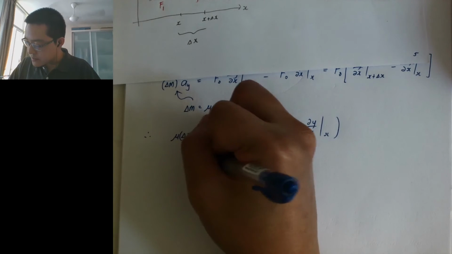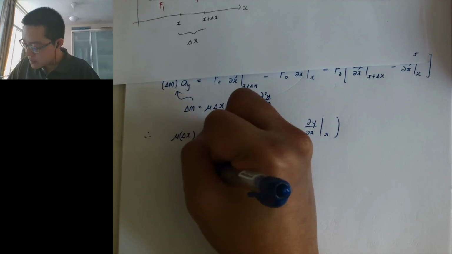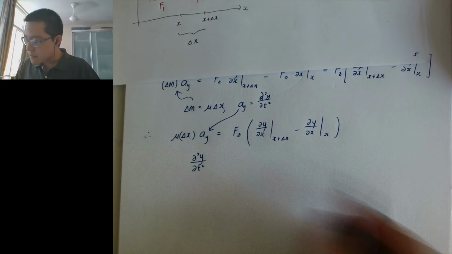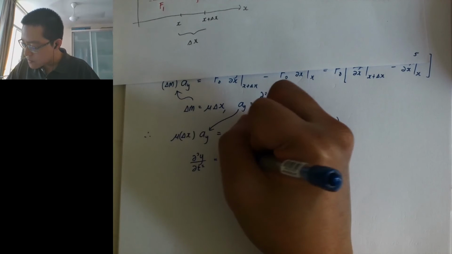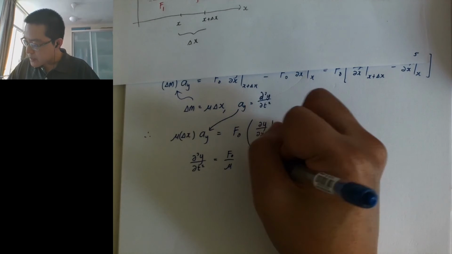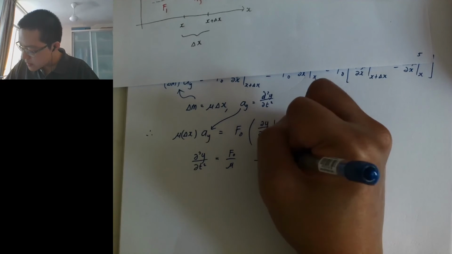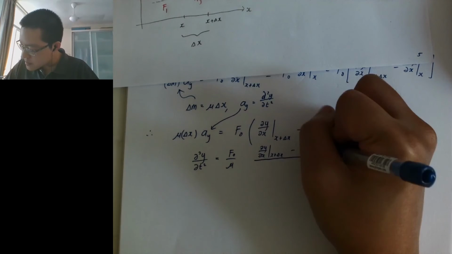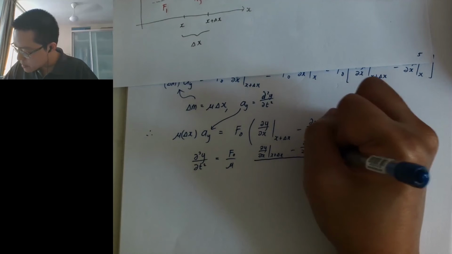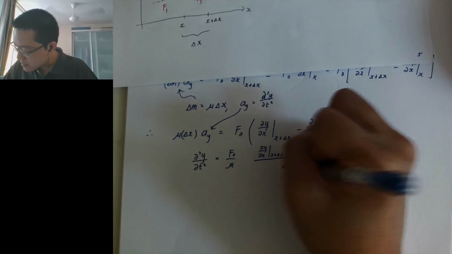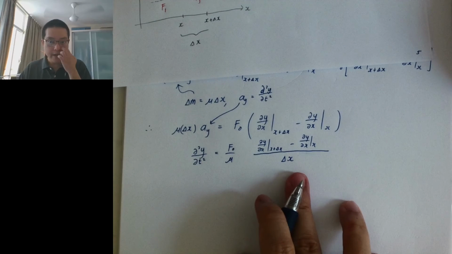I will have partial squared y over partial t squared. The mu delta x, I bring this down, so I got F0 over mu, and then this whole thing is partial y partial x at x plus delta x, minus partial y partial x evaluated at x, divided by delta x.